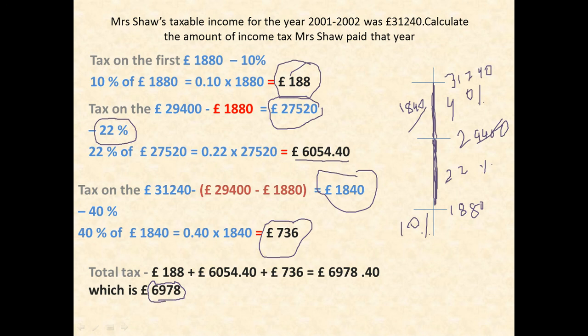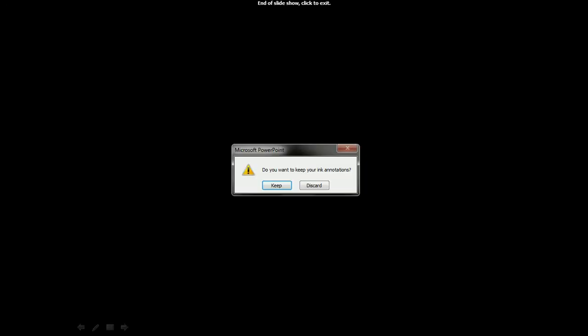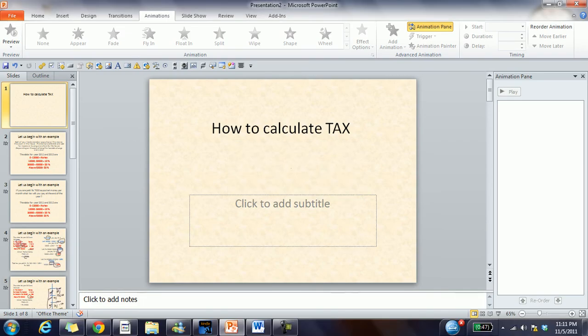I hope you all have understood, and based on this, now your question is that you need to write a question based on your own pocket money and a different income tax slab.